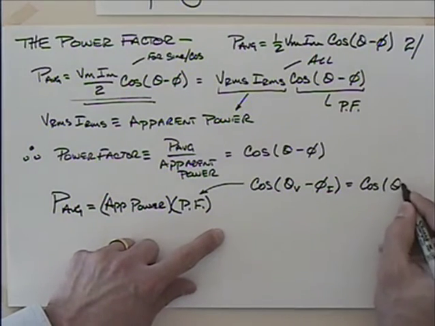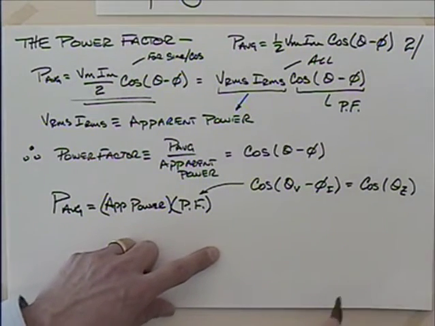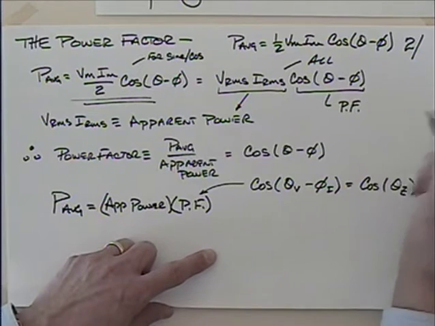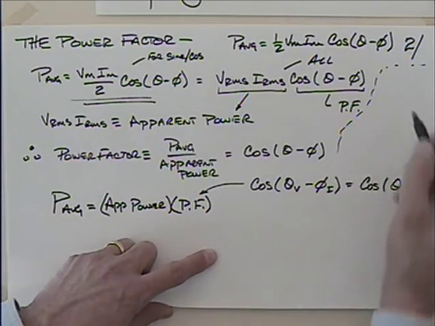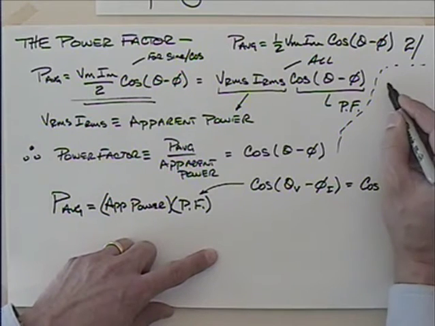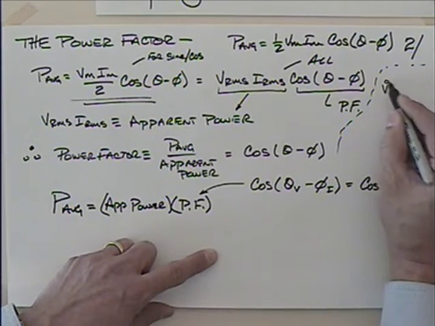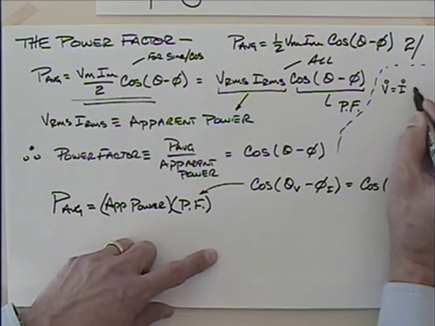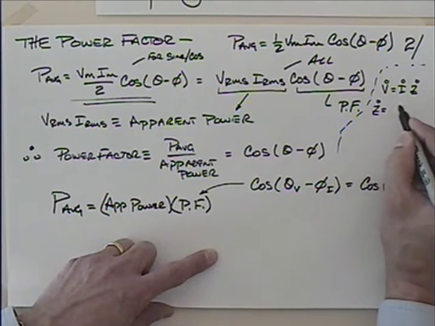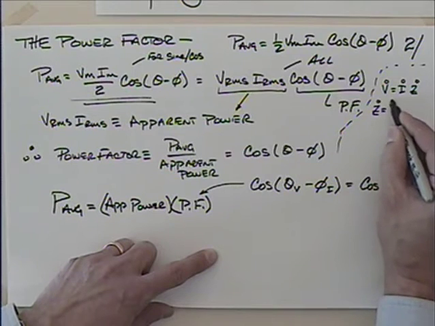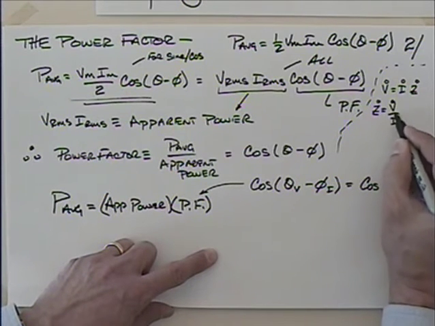I could say theta sub z for the angle of the impedance. Because if you go back here to Ohm's law, where phasor voltage V is equal to phasor current I times the impedance Z, we could say that Z is equal to V divided by I, right?